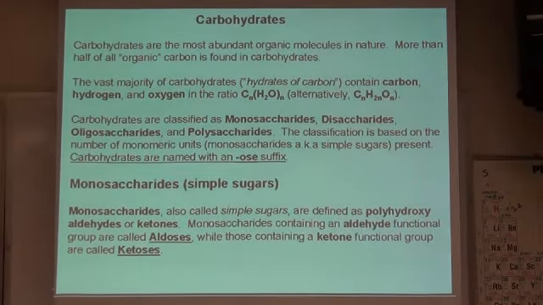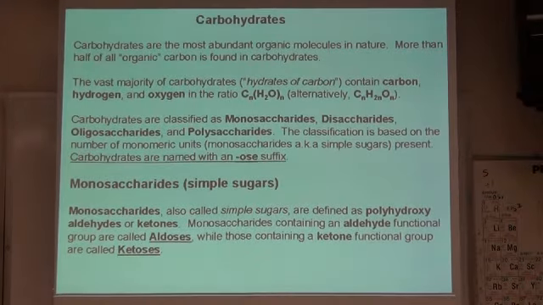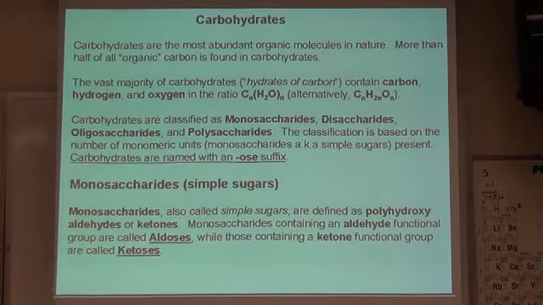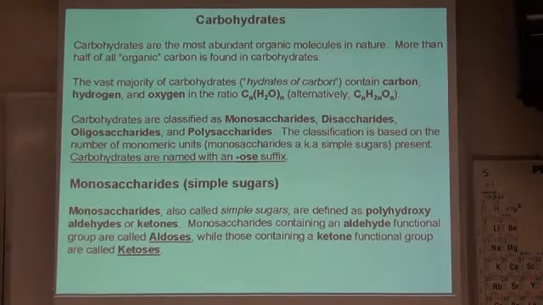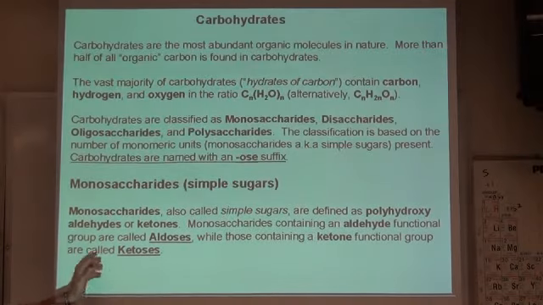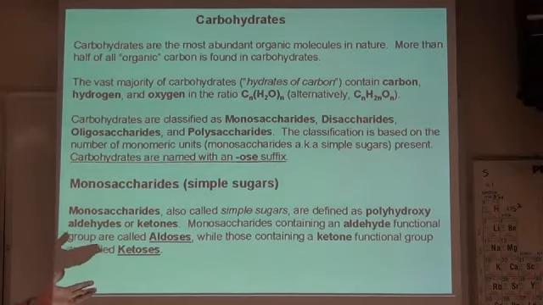There's going to be many different ways to name these things. It's not going to be like IUPAC, like we did for orgo, where we had straightforward procedures for naming particular compounds based on the presence of a common structural feature, a functional group, right? These, you're going to have 3 or 4 different ways to refer to these different monosaccharides. And we're going to see a little of all of them.